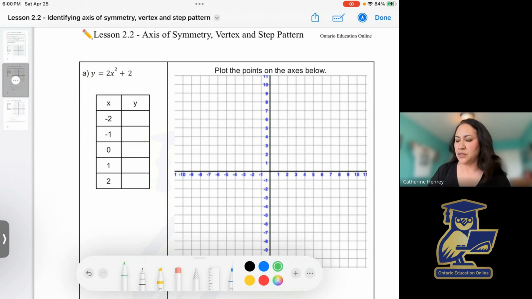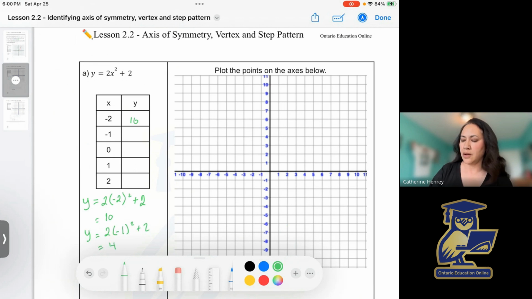Let's do some substitution. So y is equal to 2 times -2 squared plus 2. In this case, y equals 10. And we plug in -1, 2 times -1 squared plus 2. That'll give me 4.